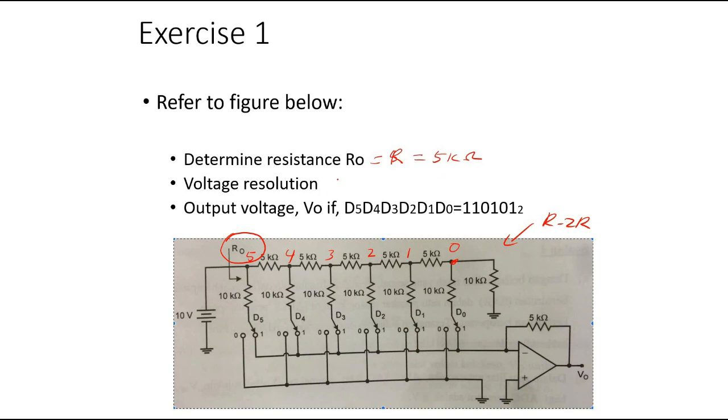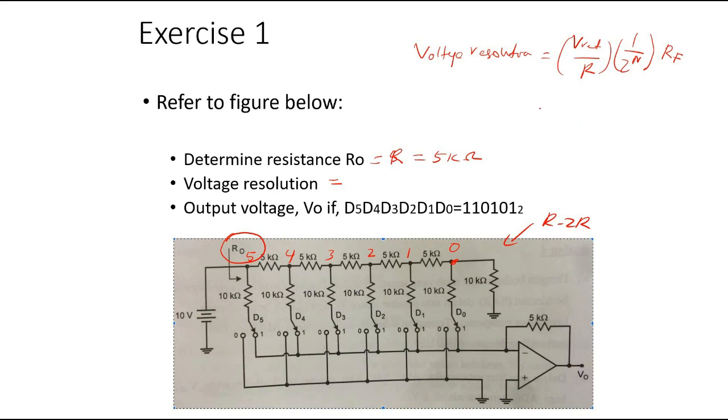Okay, and then the voltage resolutions. Voltage resolutions untuk R to R ladder ni equal to V reference divided by R, 1 divided by 2 power of N, N is a big number, and multiply with RF.